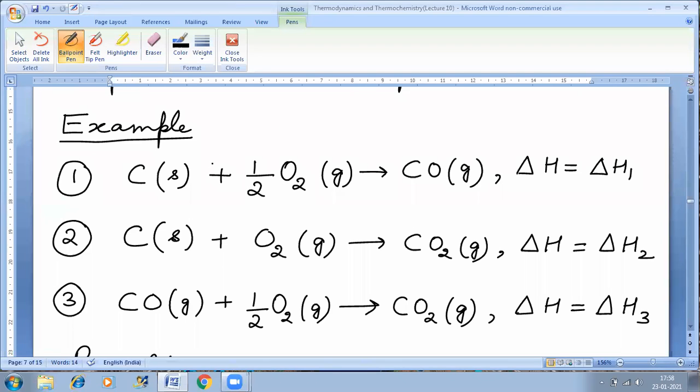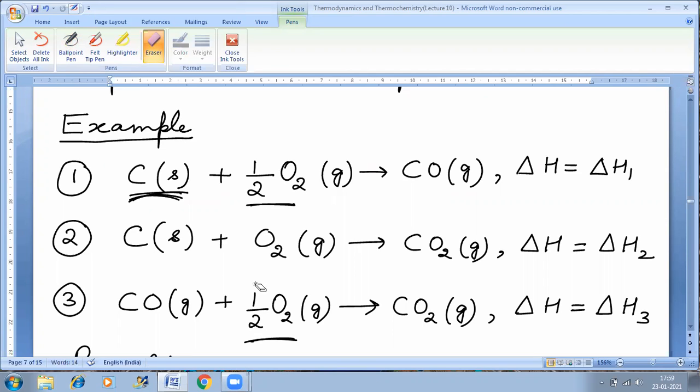Correct? How? Look at reaction 1, look at reaction 3. This is going to remain as it is on the left hand side. Half O2 and half O2 will give me 1 O2 if I add half O2 and half O2.